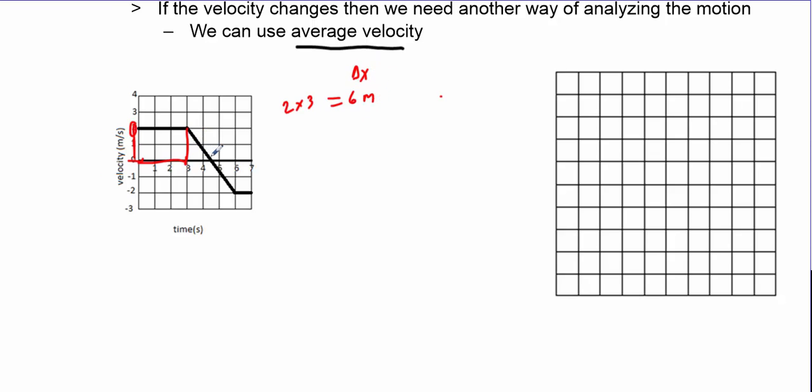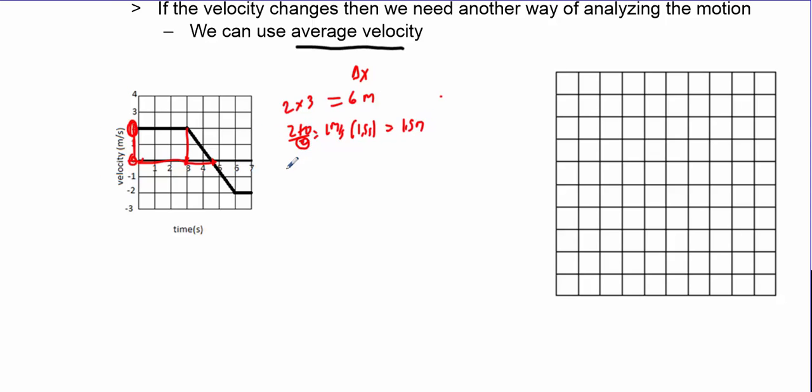Now this next little one, I'm going to use the average velocity. The average of 2 and 0, 2 plus 0 over 2, because there's 2 measurements, is 1 meter per second. And we basically used an average of 1 meter per second for 1.5 seconds. So I'm going to take 1 meter per second times 1.5 seconds, and I get 1.5 meters. But let's look at what I really did.